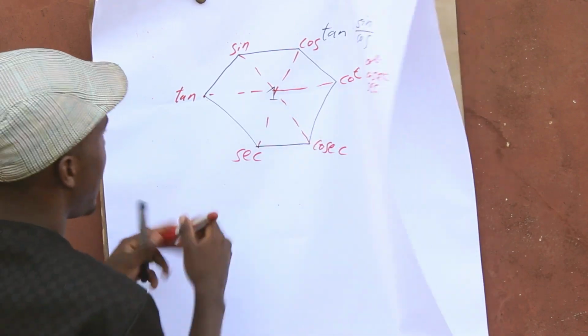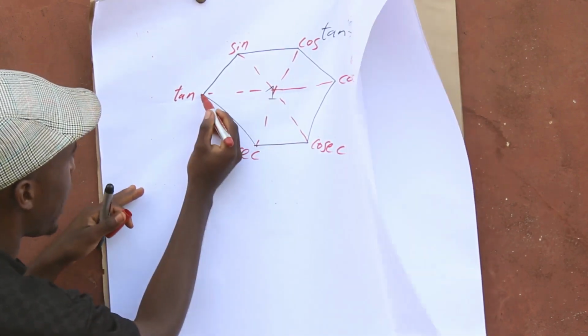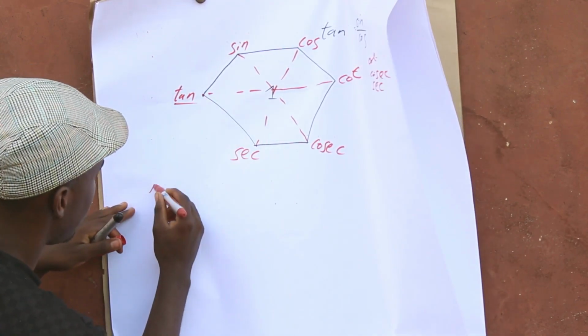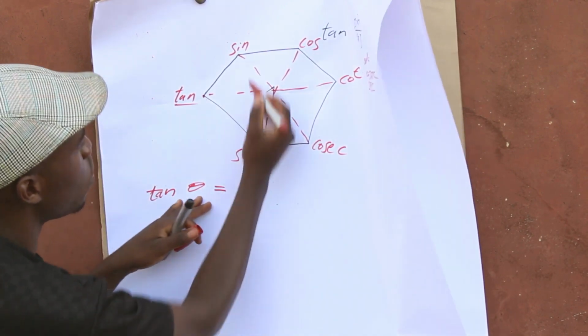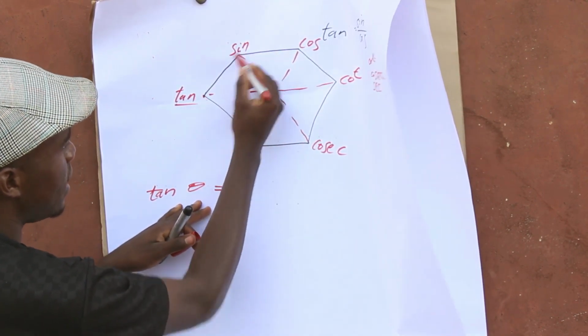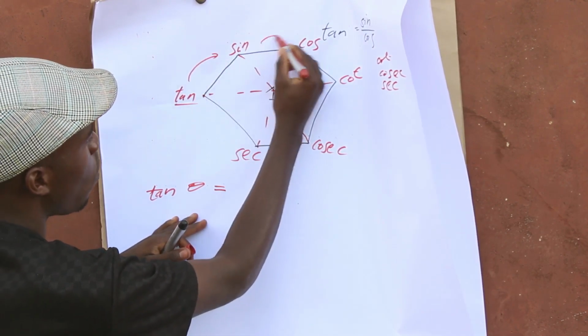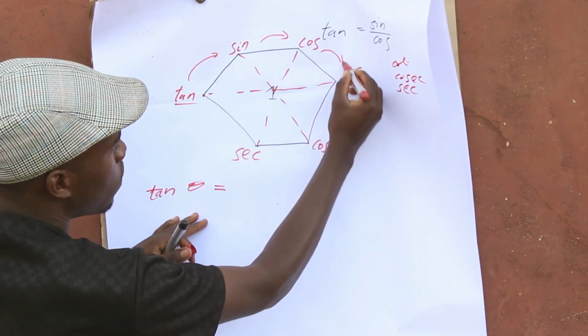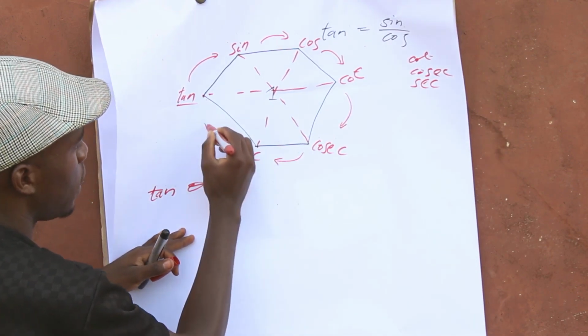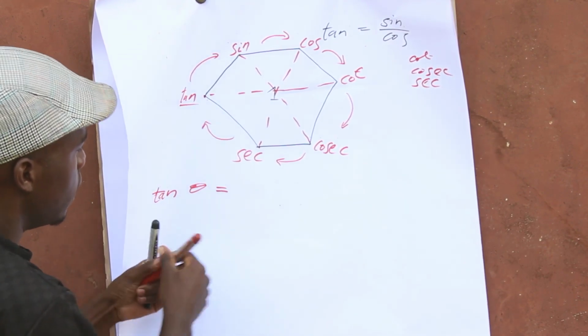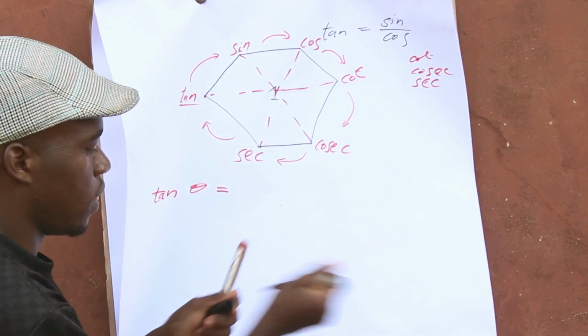To derive the first identity, you saw that we had tan. So we write tan theta is equal to, which one follows tan, if you go clockwise?